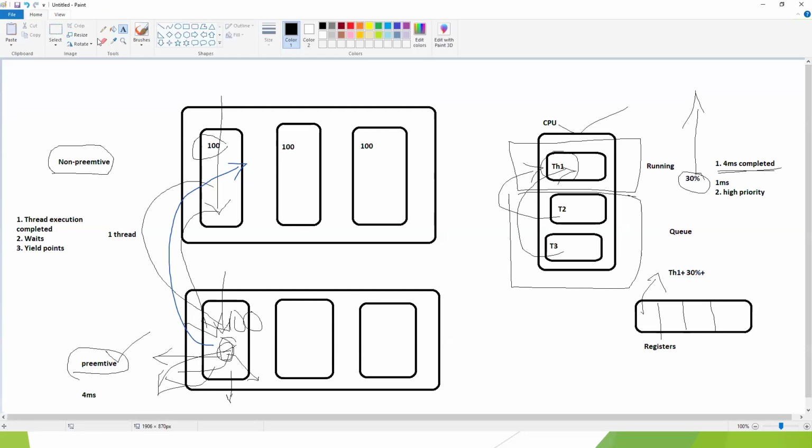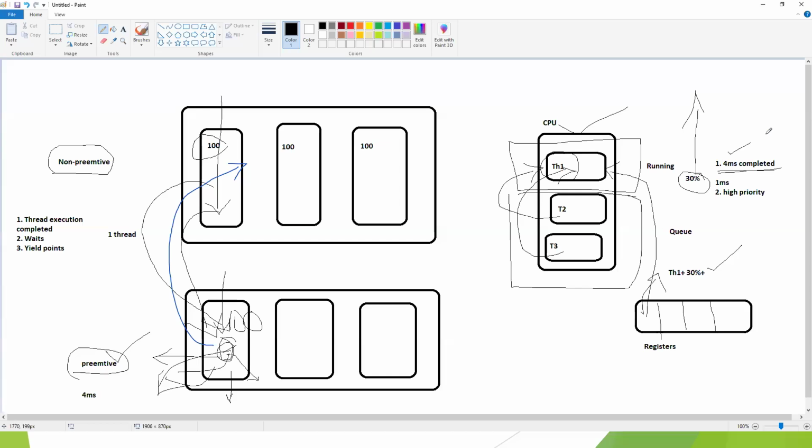This is what we call context switching. Context switching is basically the context being switched back and forth. Whenever the thread wants to execute its work again, the context will be loaded and it will start working from 30%.